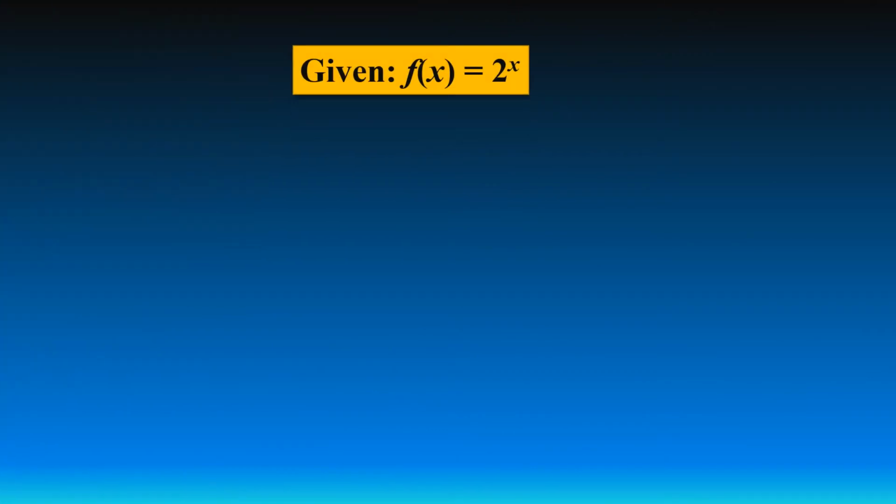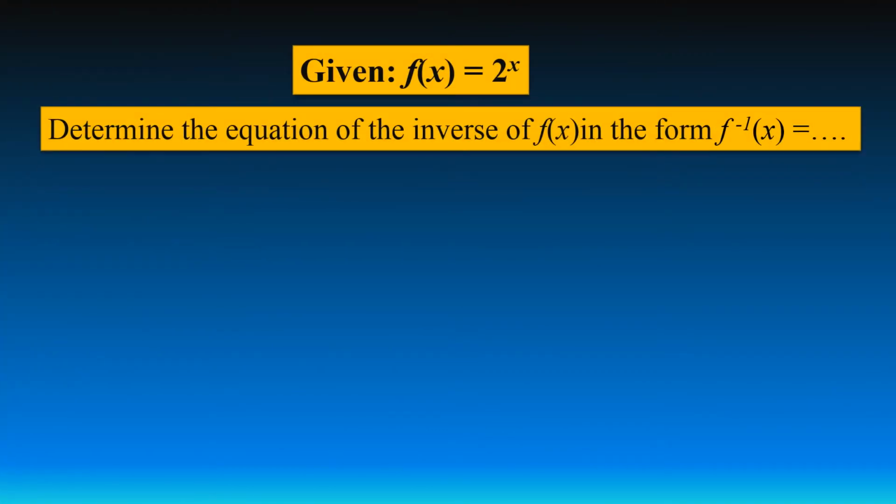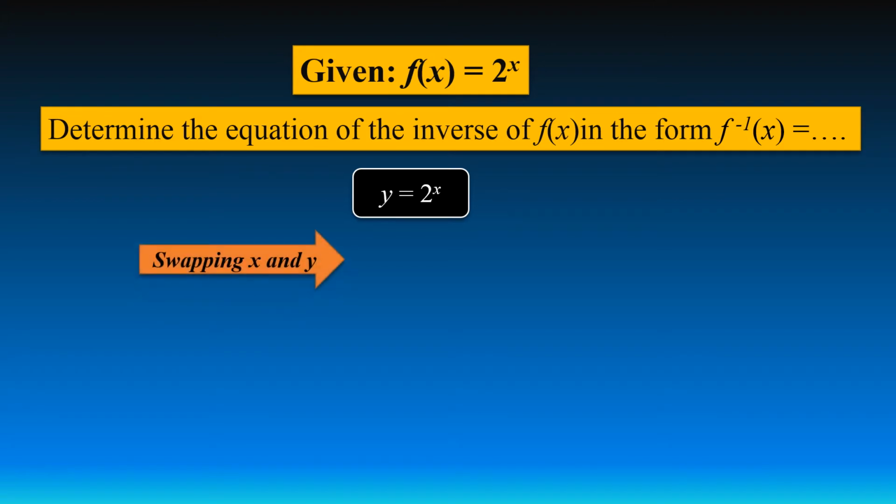Now let us look at the equations. Determine the equation of the inverse of f(x) in the form f inverse x equals. So we have the equation y equals 2 to the power x. Our intention is to find the inverse of this. What do we do? We swap x and y, as we have already discussed in the previous video.